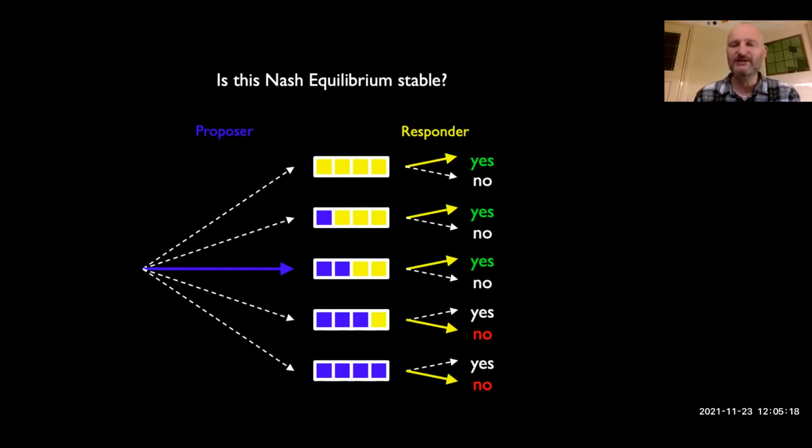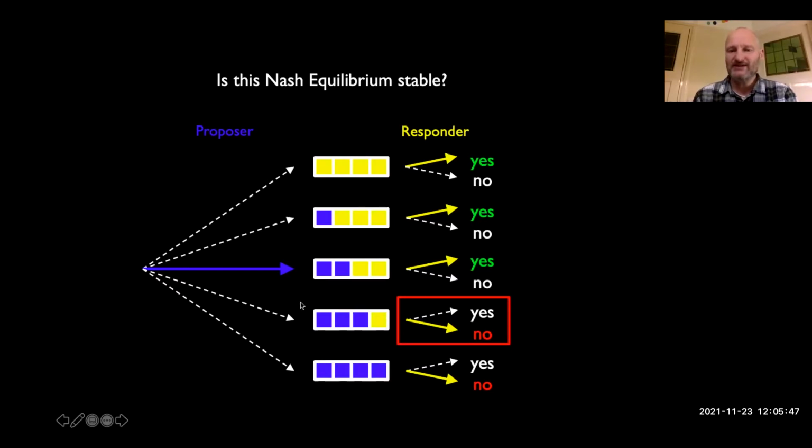Now, the next question we can ask is, how stable is this equilibrium? And for that, it's good to focus on this part. So what if we assume that everyone makes a mistake every once in a while? So the proposer sometimes fails to make this proposal, but makes another proposal like this one or this one.